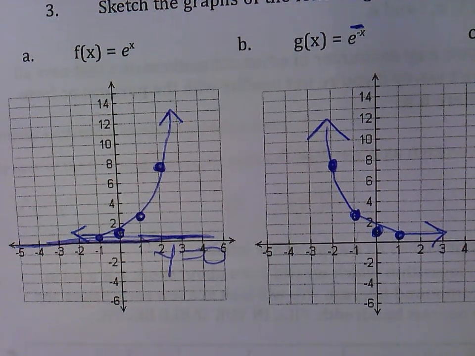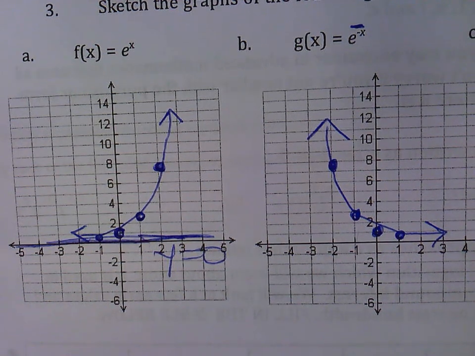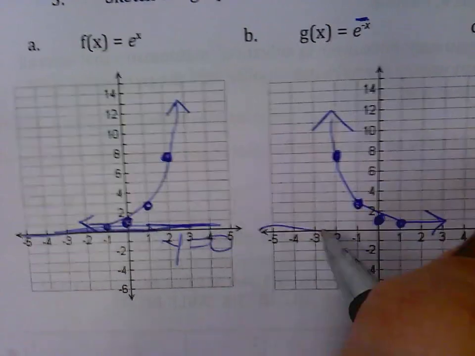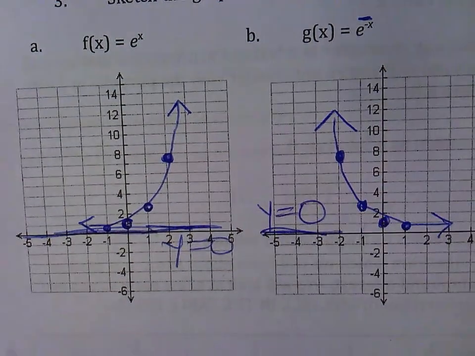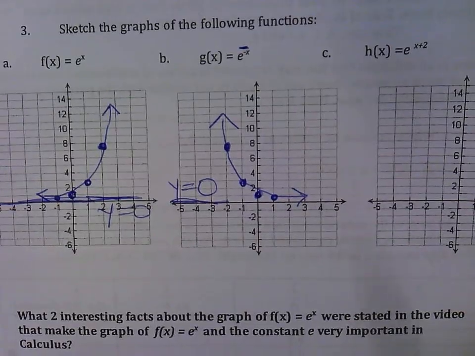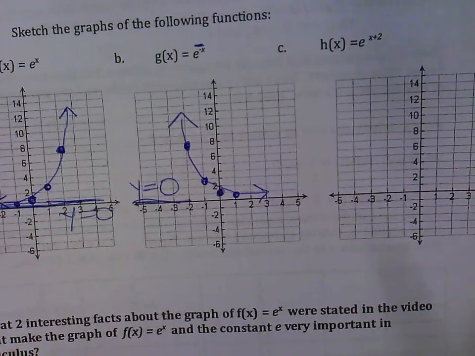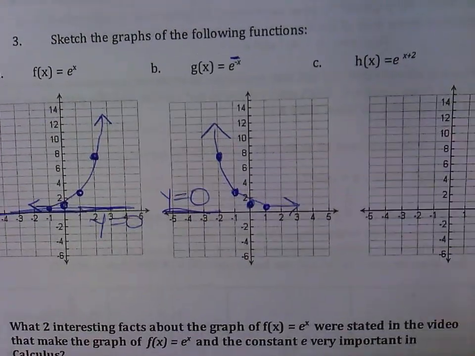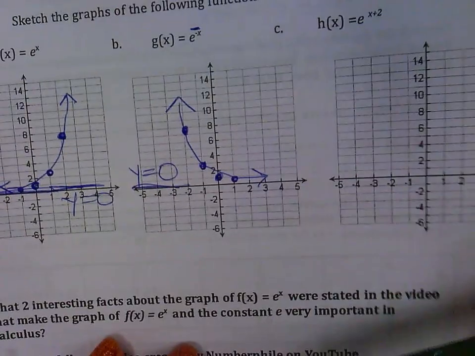And then see if you can do graph C. So think about what transformation it would take graph A to become graph C. And this one's at y equals 0. So what does a plus 2 do when it's next to the x? Shifts everything left 2. So every single point will go left 2.